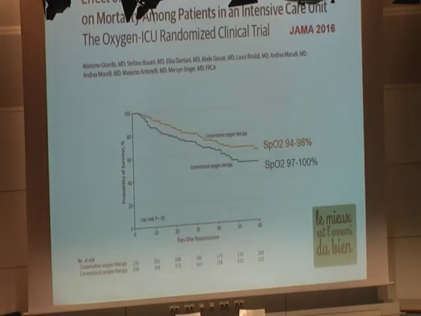That means very high oxygenation, hyperoxemia, or very low oxygenation, hypoxemia, is probably not good. This was nicely presented by this wonderful study performed by Massimo Girardis and Mervyn Singer, and was presented yesterday, showing that a high level of oxygen saturation, above 97%, induced a worse outcome in comparison to more conservative oxygen therapy with a target oxygen saturation between 94 and 98%.